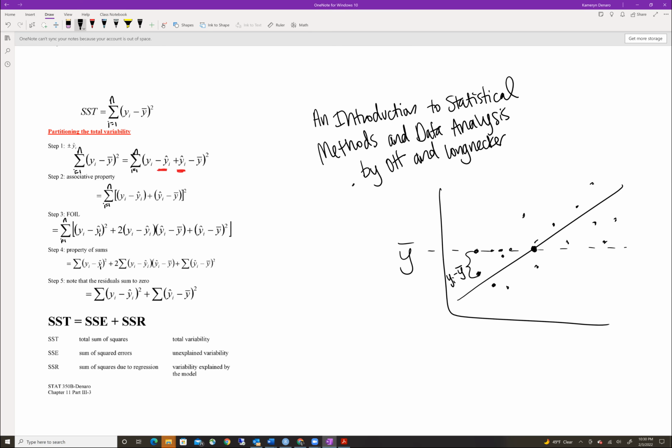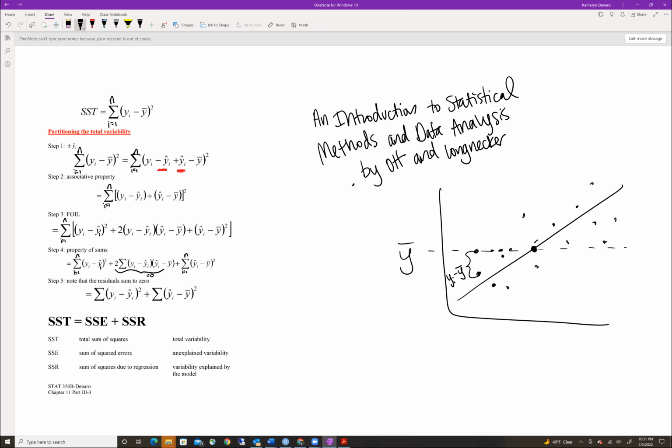And then we have this middle piece, for which I'll add some lecture notes that do the full proof, but essentially we're going to note that this whole piece is going to be equal to 0. And then our last piece is our y hat i's minus our y bar squared. That piece is going to be called our sum of squares due to regression.